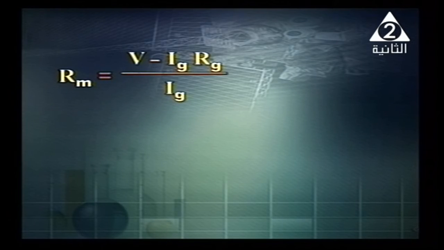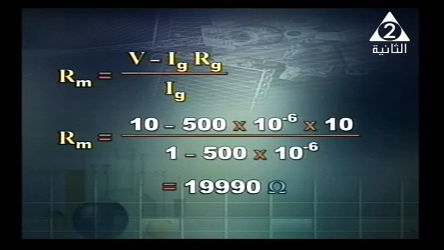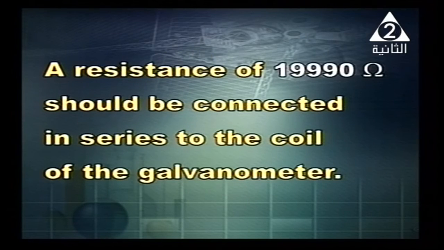Multiplier is equal to V minus Ig Rg over Ig. The maximum voltage required to be measured is 10, so 10 minus 500 times 10 to the power of negative 6 times 10, over 500 times 10 to the power of negative 6. So the value of the multiplier is equal to 19,990 ohm. So a resistance of 19,990 ohms should be connected in series to the coil of the galvanometer.